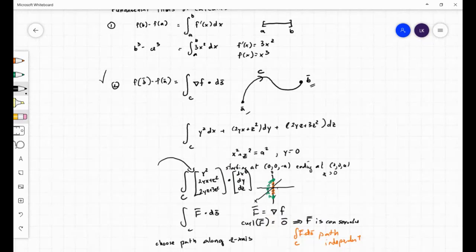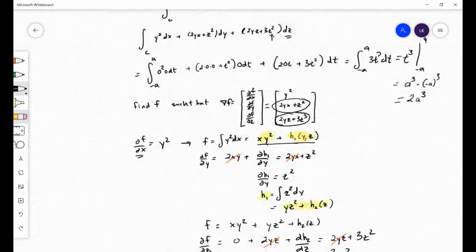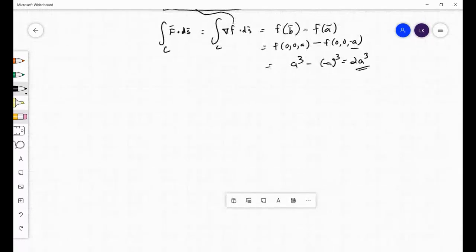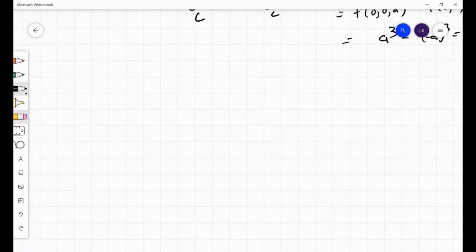Okay, so that's that. So now we should do maybe Green's theorem for the plane.